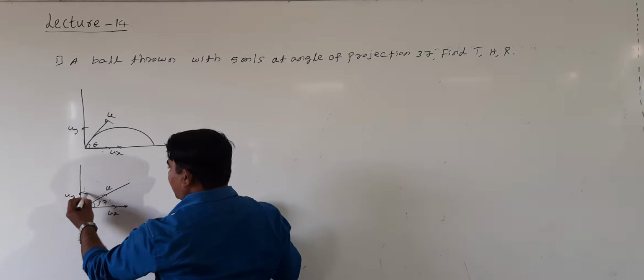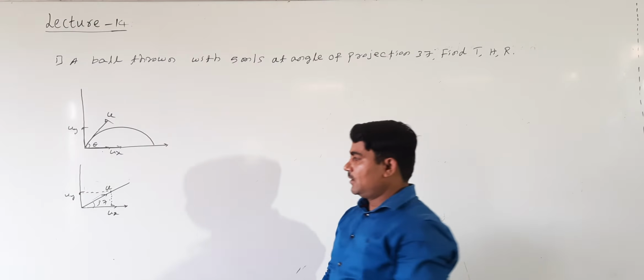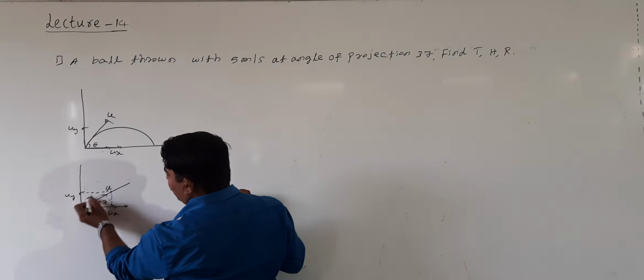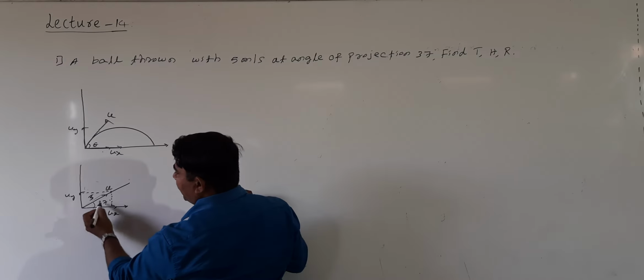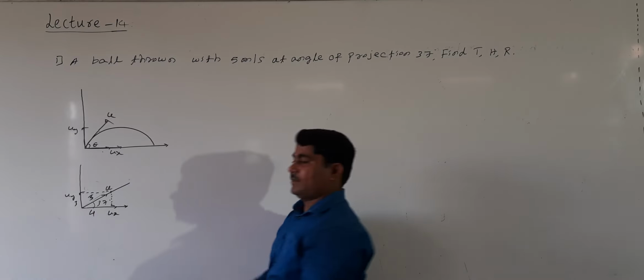This can be resolved by rectangular components of resolution of a vector. u equals 5. Then what about this component? If it is 37 degrees, this becomes 4, then this becomes 3.